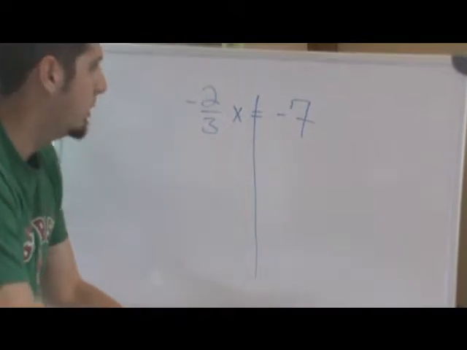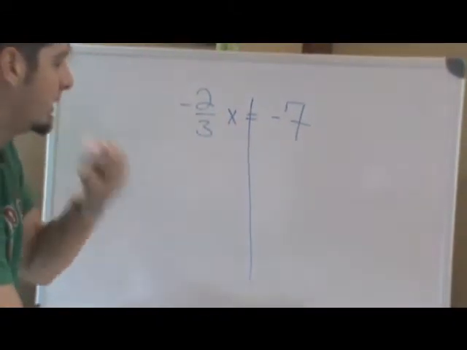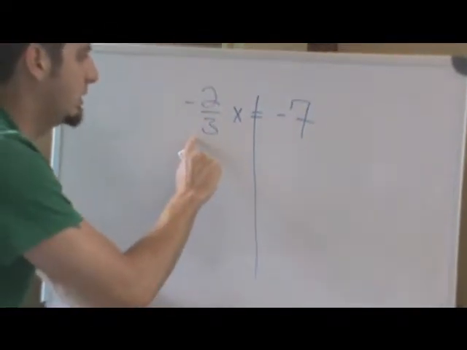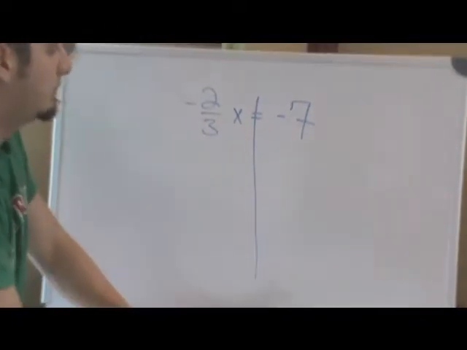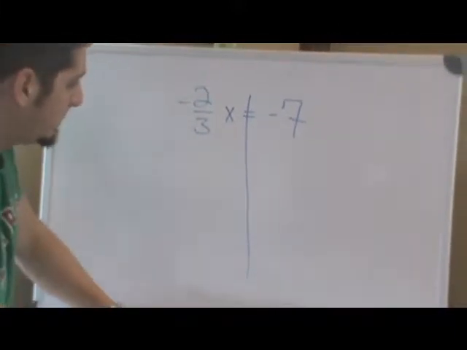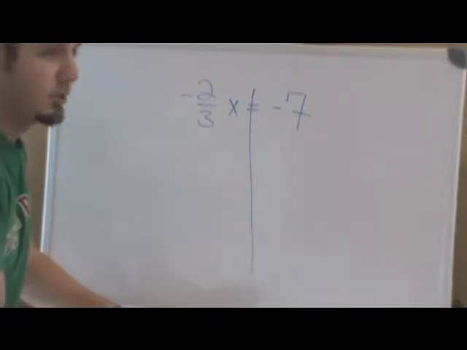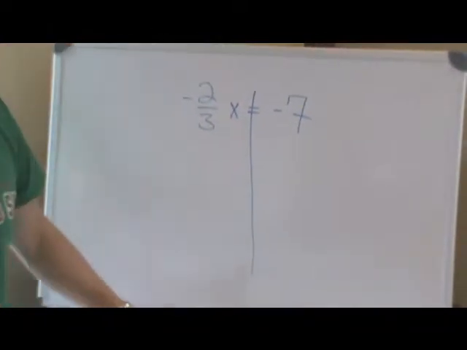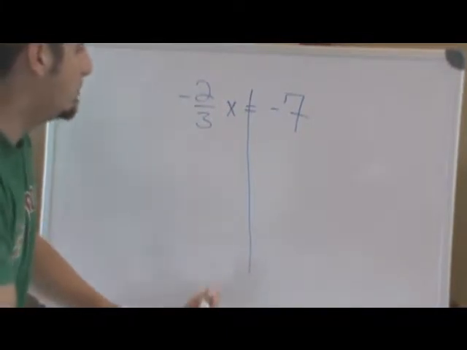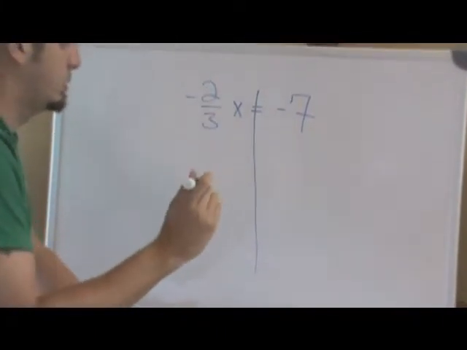So in this example, we have negative 2/3 x equals negative 7. Right now, the negative 2/3 is being multiplied by x. So, to get rid of it, we would divide both sides by negative 2/3. The other option is to multiply both sides by negative 3/2.